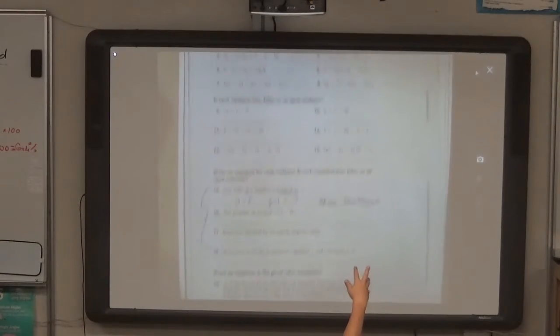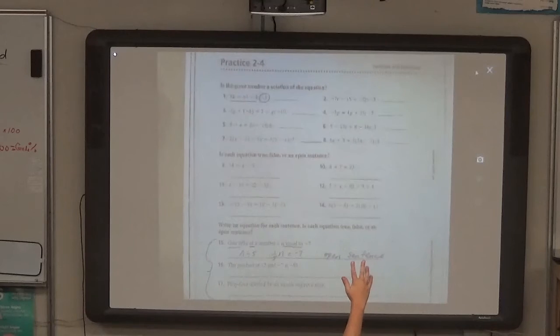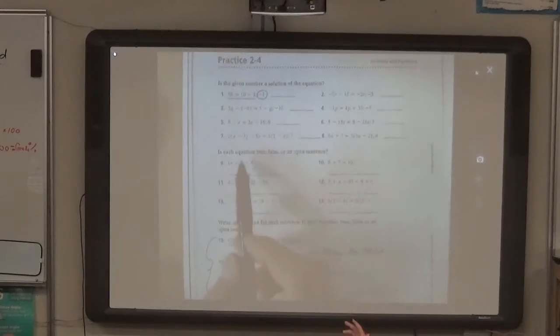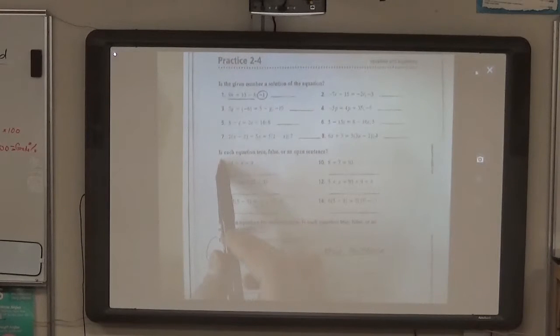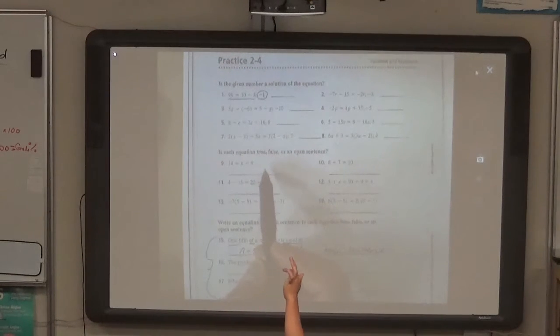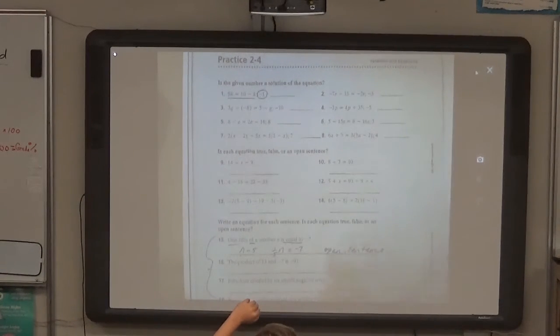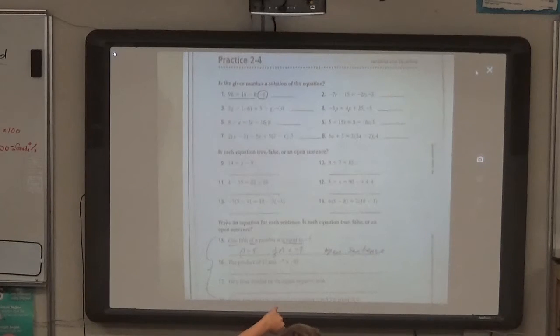Any questions? In the first section, you're writing yes or no. In the second one, you're writing true, false, or open. And then writing equations and solving one. Nate, is this graded? No, this is practice.